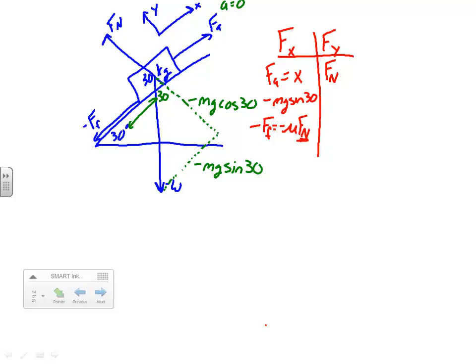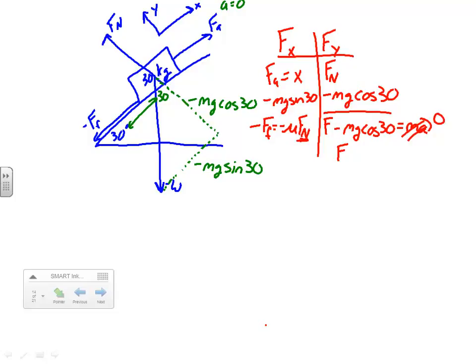Normal force, and we have minus mg cos 30. If I were to sum these up, I get F_N minus mg cos 30 equals ma. Well, I know the acceleration is 0. Acceleration of y usually is 0.